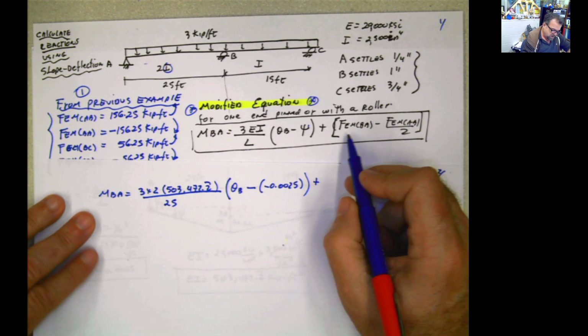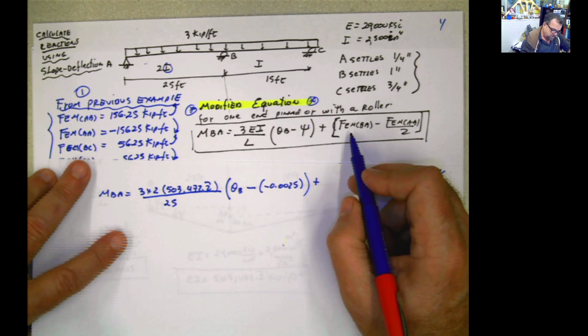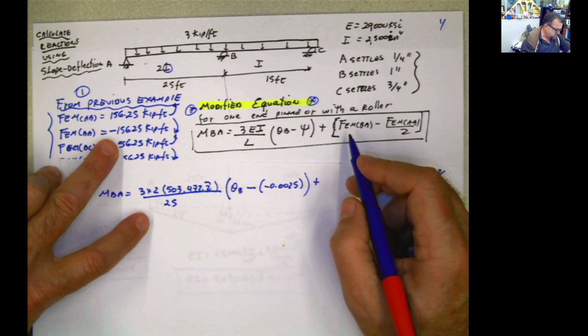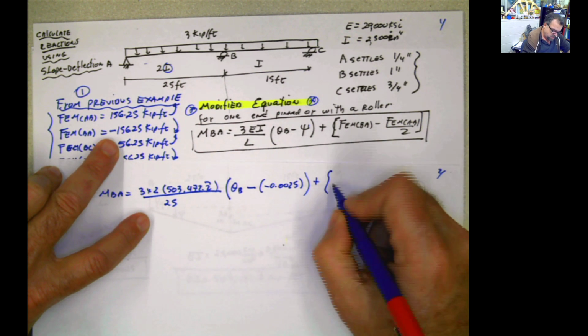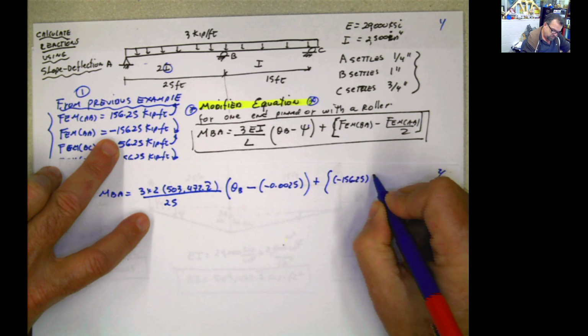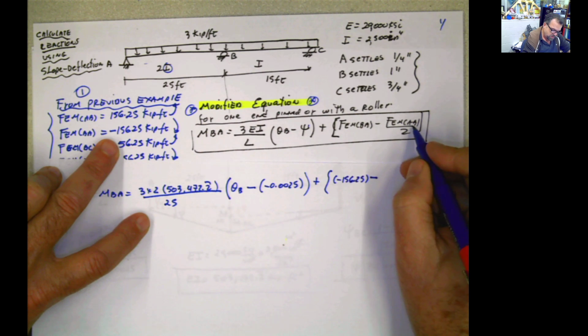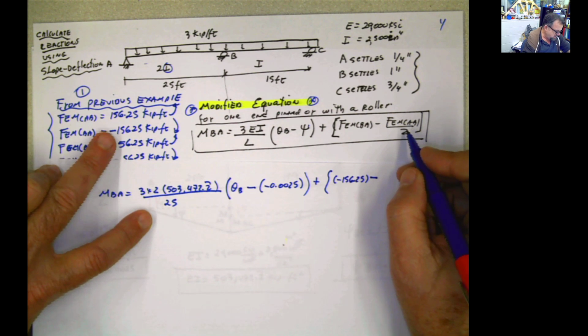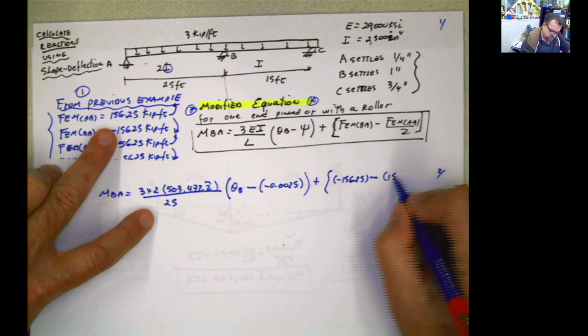Now plus this. What is this? Fixed moment BA, negative 156.25, minus this moment. What is this moment? This moment is AB. AB is 156.25 divided by 2.